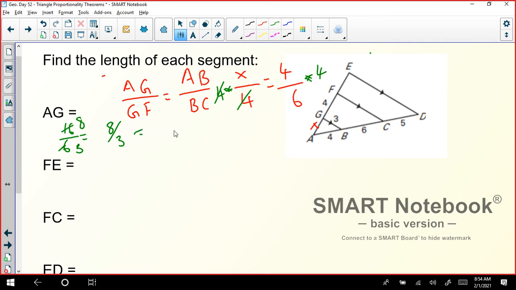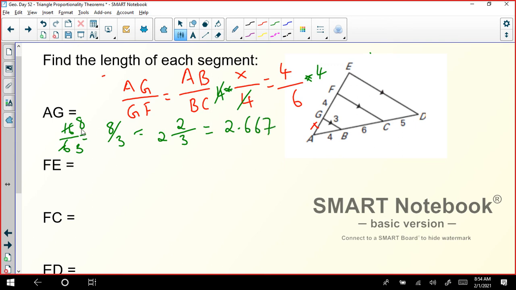Or you can write it as a mixed fraction like this: 3 times 2 is 6, plus 2. Or in decimal, if you want to write it, 8 over 3 is going to be 2.6. I'll round to the third decimal, 2.667.